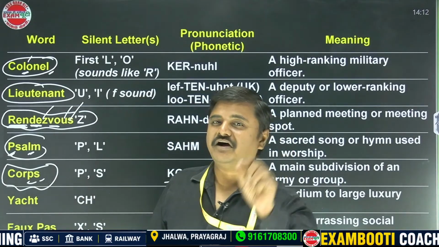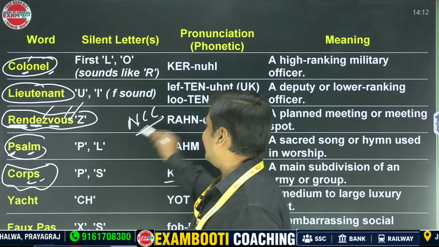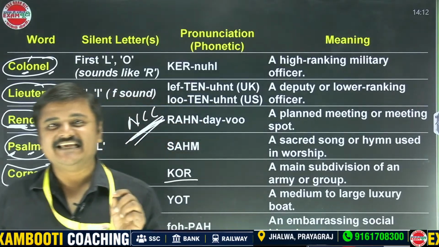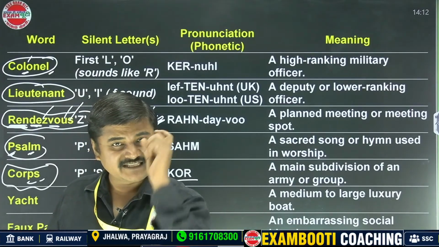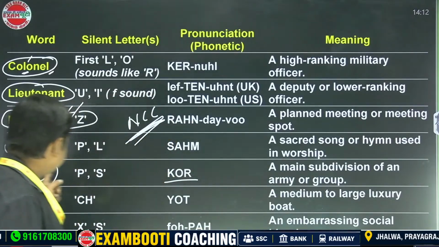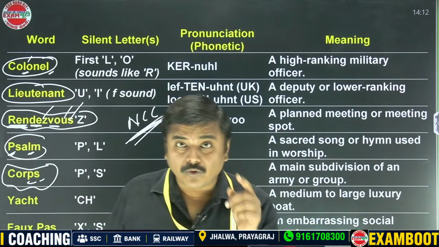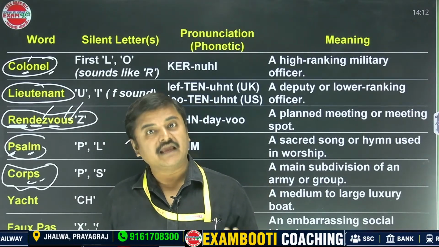This is the word you find in NCC. You have all heard NCC, National Cadet Corps, and the second C is Corps. This is the word CORPS. We pronounce it core.